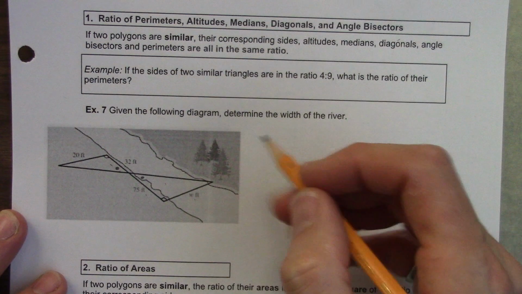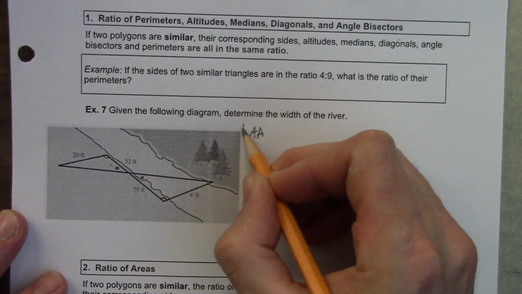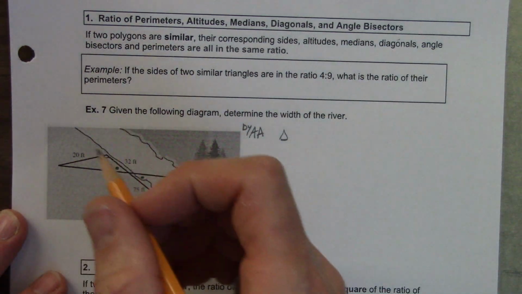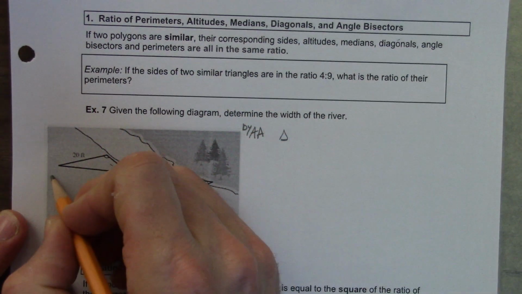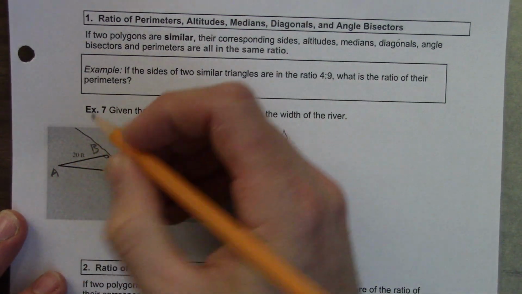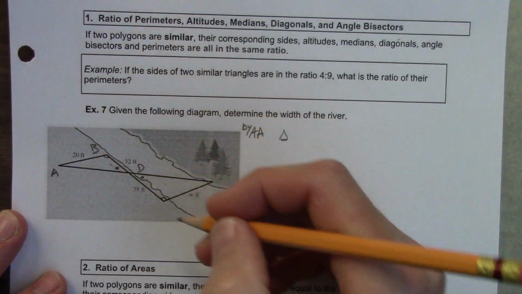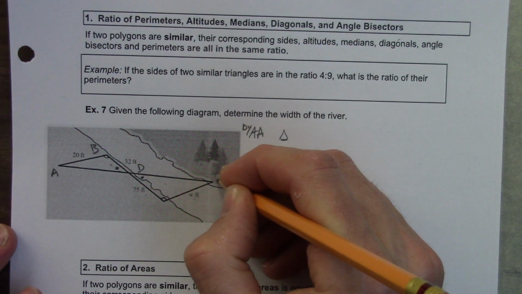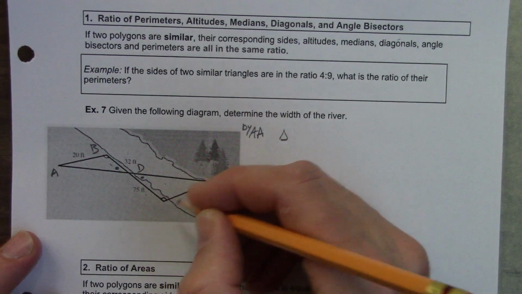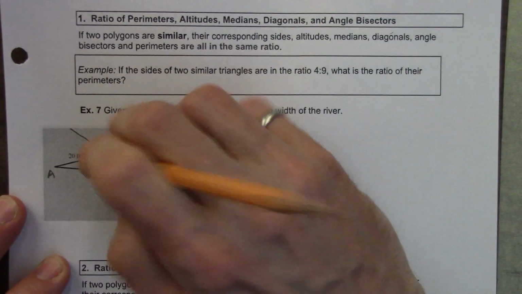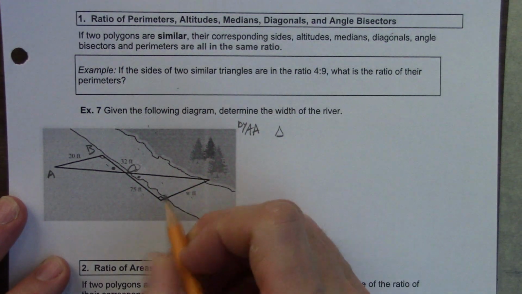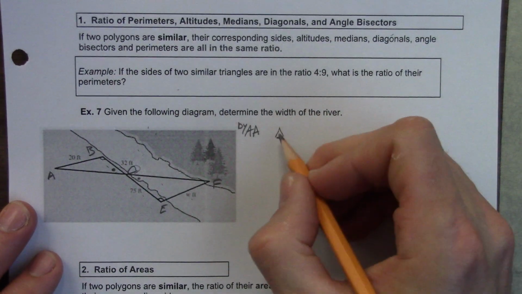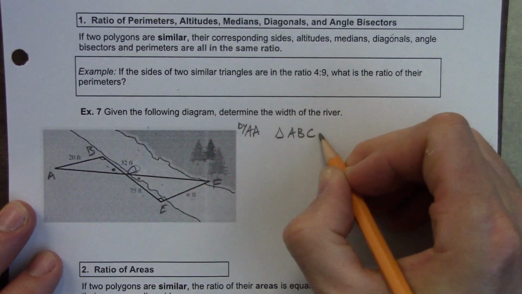So then we know that by angle, we can say triangle, and I'll label these A, B, C, and E, F. Okay, I can say triangle A, B, C is similar to triangle.